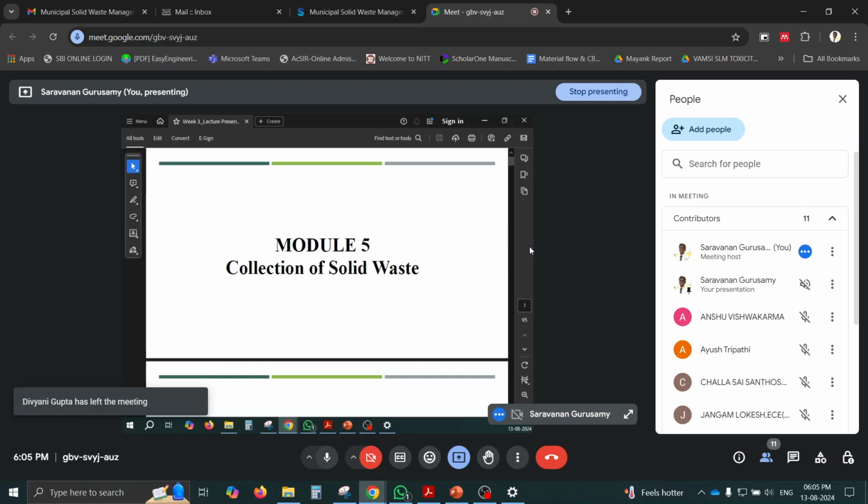Out of these 6 functional elements, we have discussed how the waste is generated, how to handle, how to store, how to design the containers, how much distance it should be, and how to primarily collect the waste.